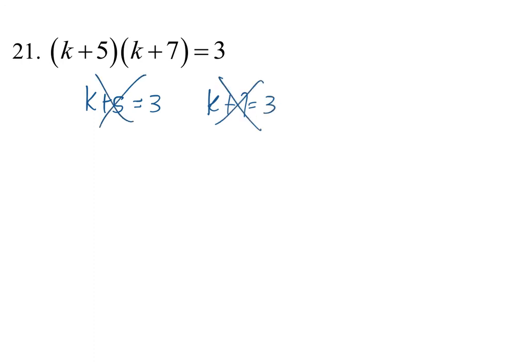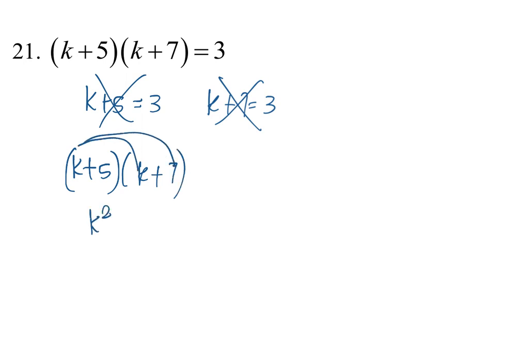Can't do that. If it's set equal to 0, you set both factors equal to 0. But if it's set equal to anything else, you can't split it apart like that. So k plus 5, k plus 7, I need to FOIL.